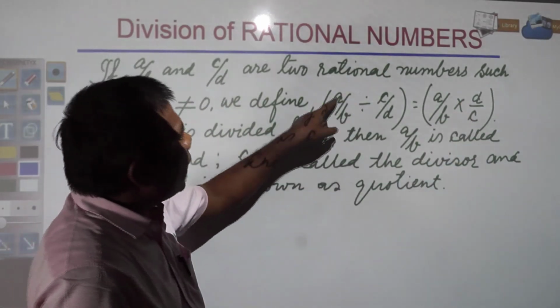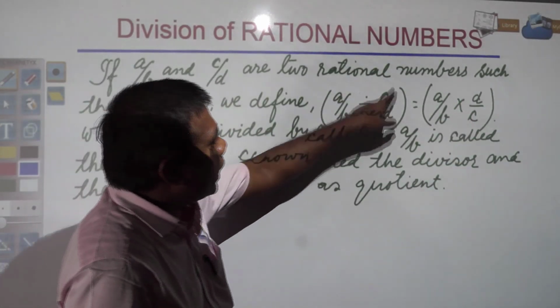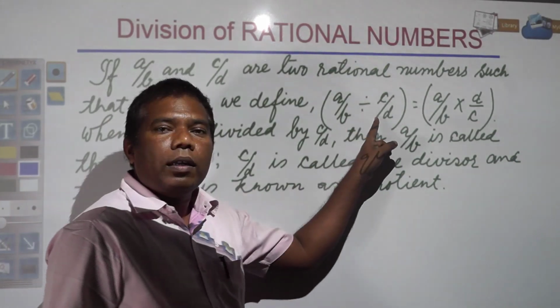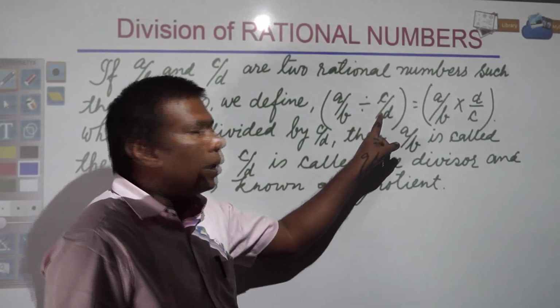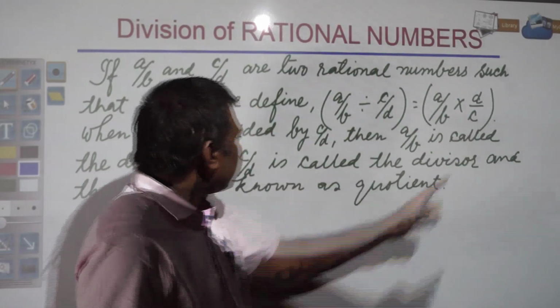It means a by b into the reciprocal, or multiplicative inverse, of c by d, which is d by c.